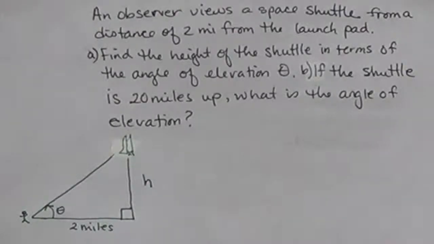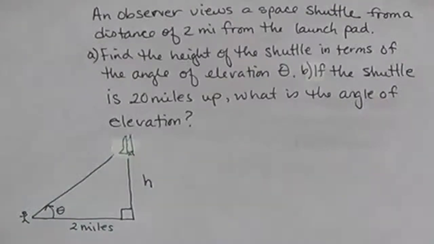Okay, so for part A, we wanted to find an expression for the height of the shuttle in terms of the angle of elevation. Well, here we can see we have the 2 side lengths, and we don't know the hypotenuse. So that tells me we're probably looking at a tangent or a cotangent function.